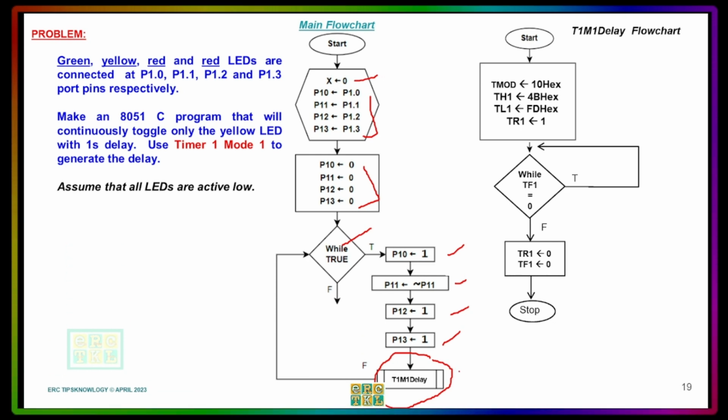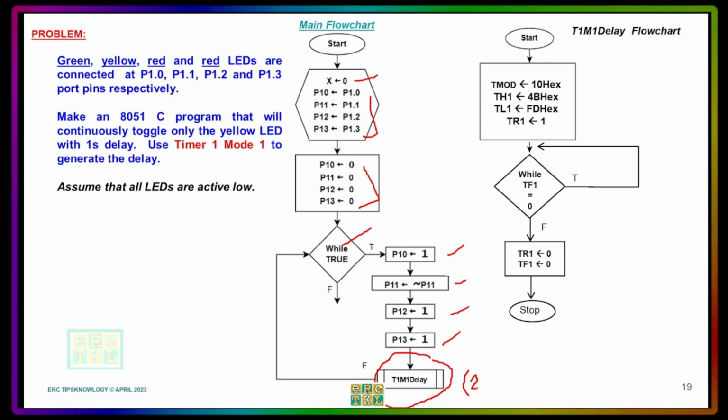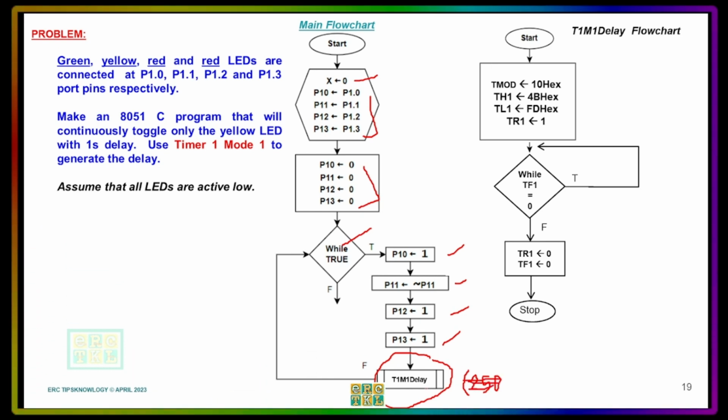subroutine. So for T1 M1 delay subroutine, we have to put T1 M1 delay with the number 250. Oh, sorry, we don't need to write 250 here. We don't have to.